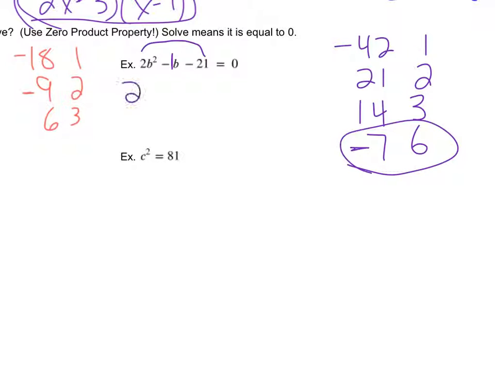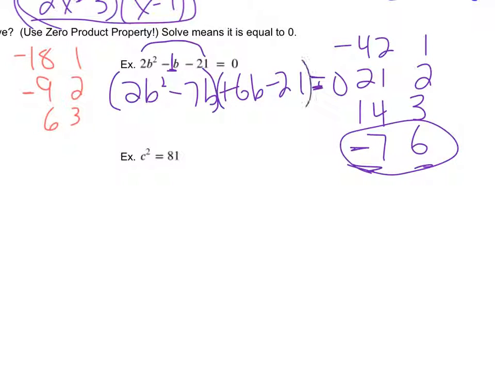So now I go 2b squared minus 7b plus 6b minus 21. Again, all I'm doing is rewriting the negative 1 using 7 and 6. Parentheses, parentheses. So this would give me b, 2b minus 7. This would be 3, 2b minus 7 equals 0.